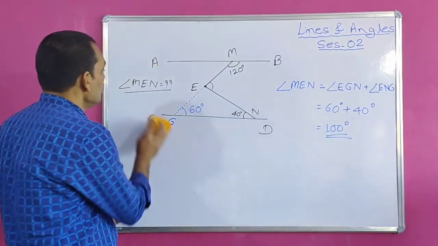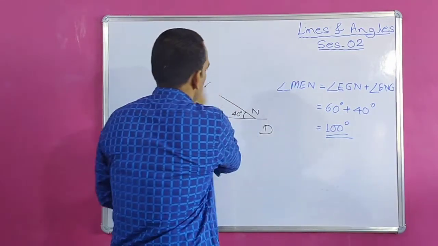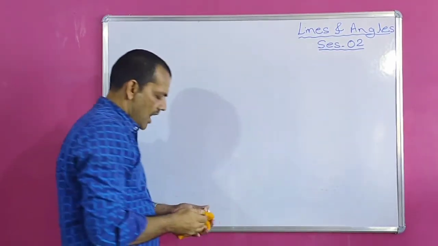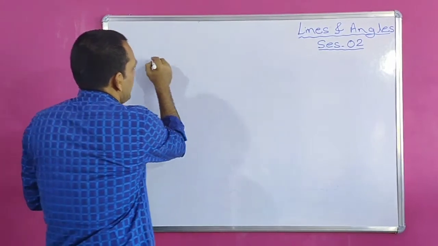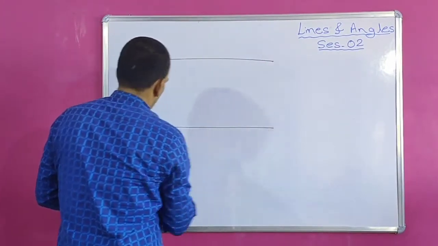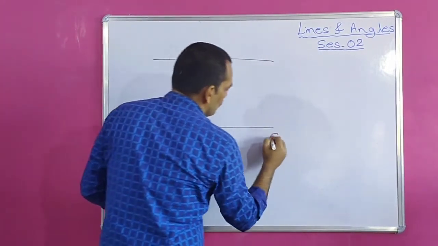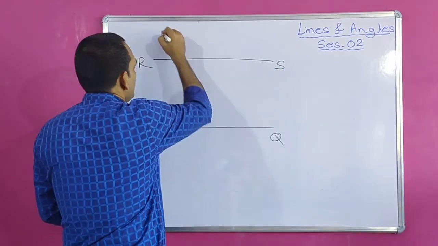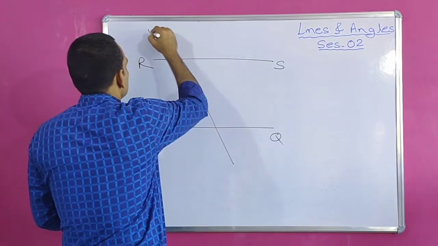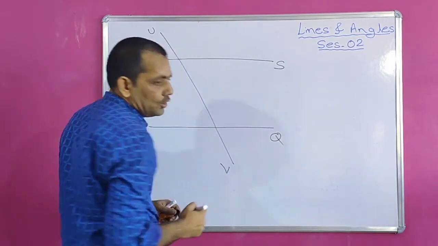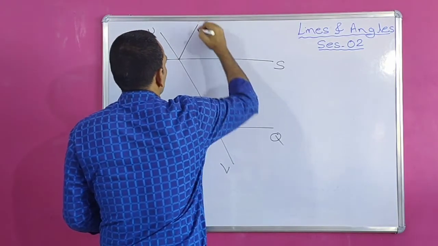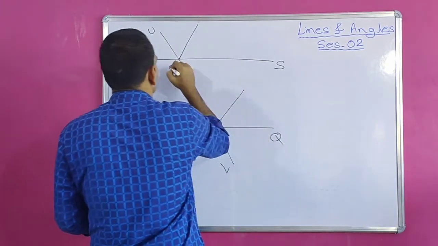Now coming to the second question. There are two lines, let's say PQ and RS, with a transversal, let's name it UV, such that there are these two angles.